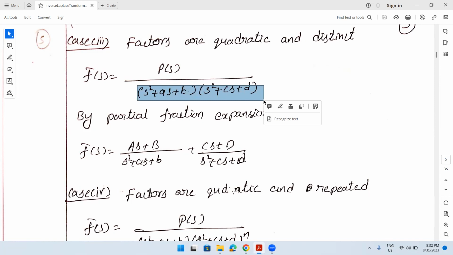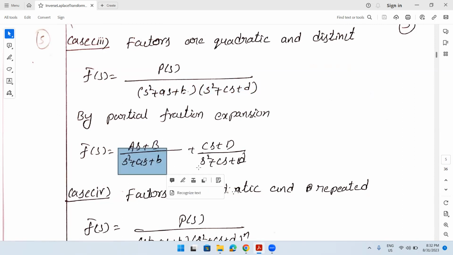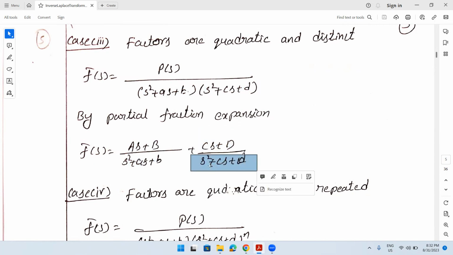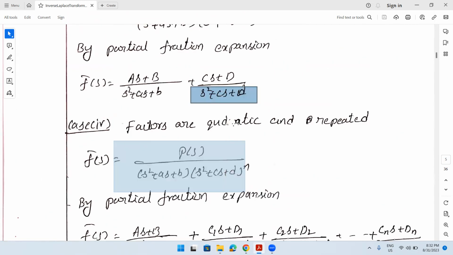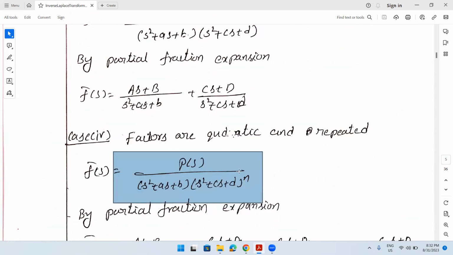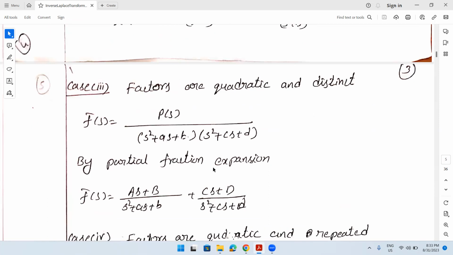For S square plus AS plus B and S square plus CS plus D, we write (AS plus B) by (S square plus AS plus B), plus (CS plus D) by (S square plus CS plus D), and we solve this equation. The fourth form is not actually required.